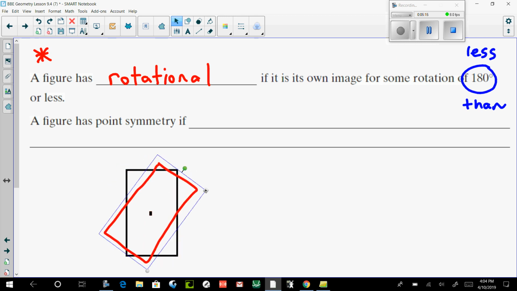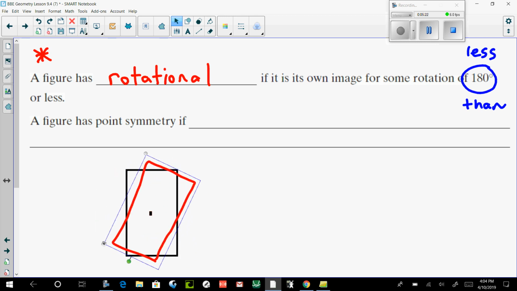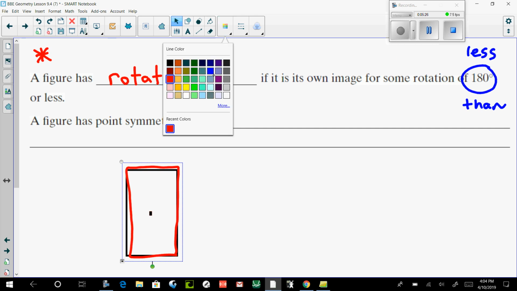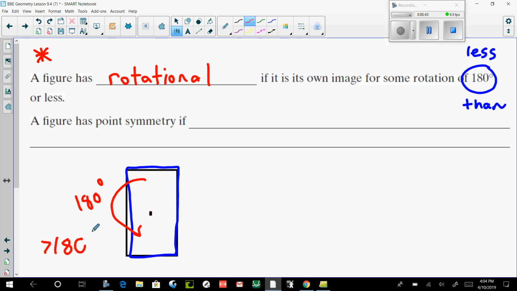It doesn't really matter which direction you go, but just to be clear, this is positive 90 degrees, and then this would be 180 degrees, and we're right back to itself. So this has rotational symmetry because it can be rotated 180 degrees or less. If you have to rotate more than 180 degrees, the shape does not have rotational symmetry. Anytime your rotation is greater than 180, rotational symmetry does not occur.